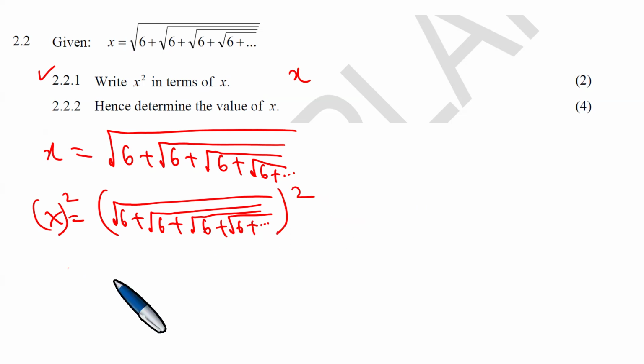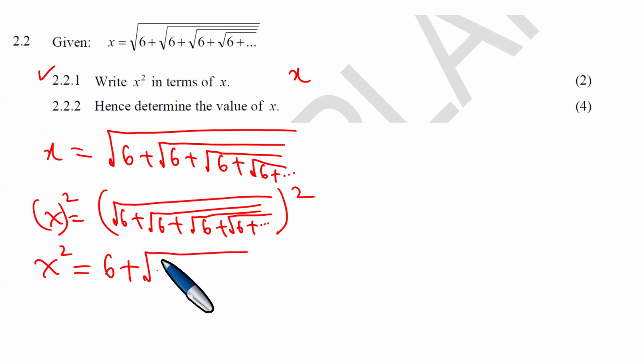And we square both sides. If you square both sides, then you have x squared equal to: this square is going to remove the topmost square root, leaving it like an umbrella, and the umbrella is gone. Now you have the inside open and exposed. So you have 6 plus the square root of 6 plus the square root of 6 plus the square root of 6, and this goes on.